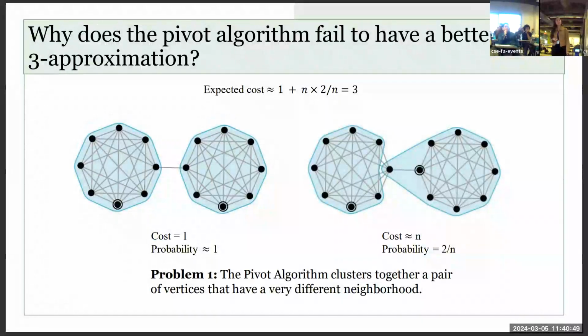So what happens here intuitively is that the pivot algorithm fails to see that two vertices, though connected, have very different neighborhoods. So it cannot actually distinguish between these two solutions.